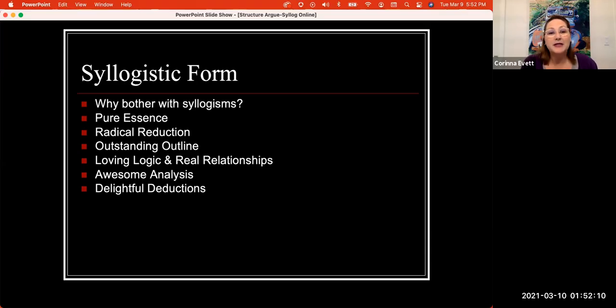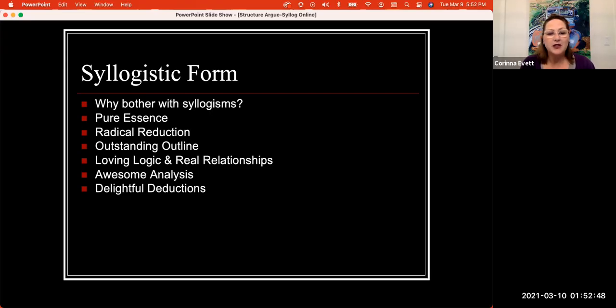It also becomes an outstanding outline for your argument, and so you can follow the flow of the reasoning and the thought process of the arguer by looking at the syllogistic form. Moreover, if you put your own arguments in syllogistic form, it will assist you with testing the logic and the strength of your own reasoning in that way as well.